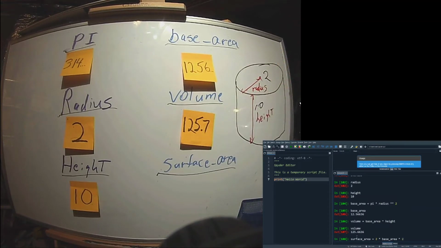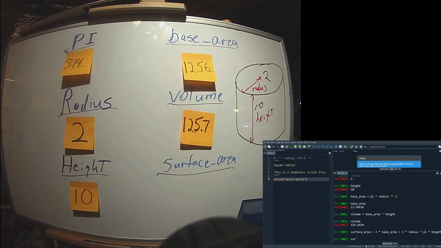So it's 2 times the area of the end cap, plus the circumference of the end cap, 2 times the radius, times pi. Right, so that gives us the circumference, and then we have to multiply that by the height to get the skin of the cylinder.